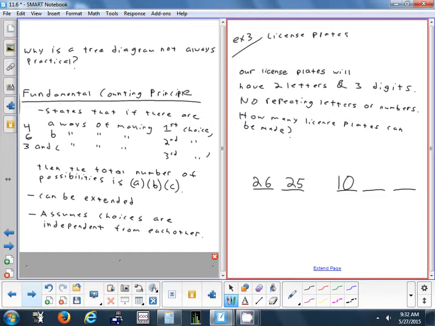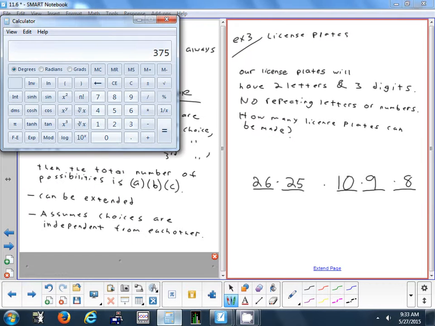So we got 10 for the first digit. How many choices for the next digit? 9. And the 3rd digit? 8. So basically, if you multiply all that together, that's how many different options there are. So you can make 468,000 license plates.